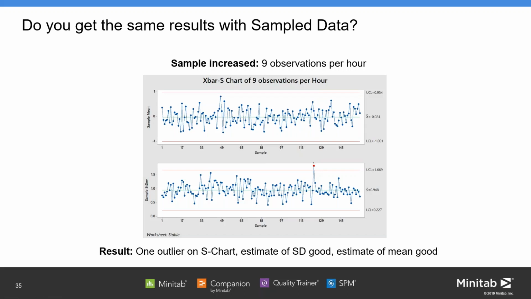But I think I could live with that. You can see also that my standard deviation at 0.948 is a good estimate of my standard deviation. Again, I can conclude that I could do my control chart with just a sample instead of my full 100 observations each hour.